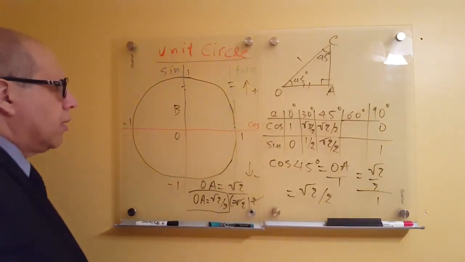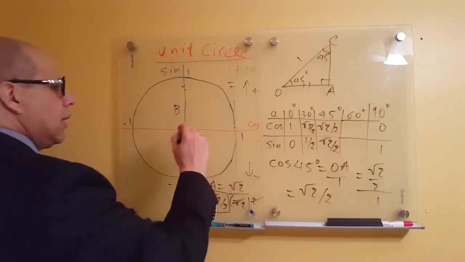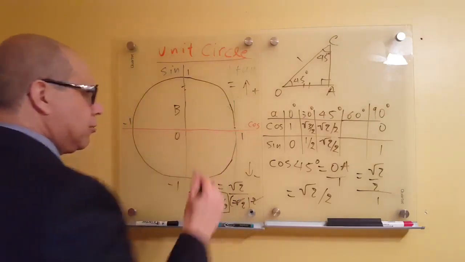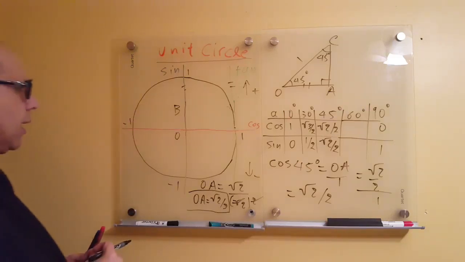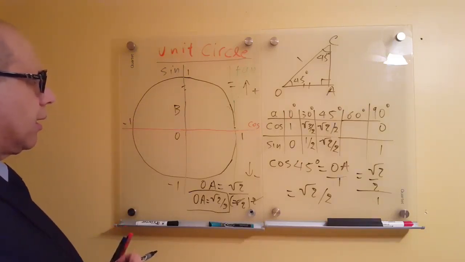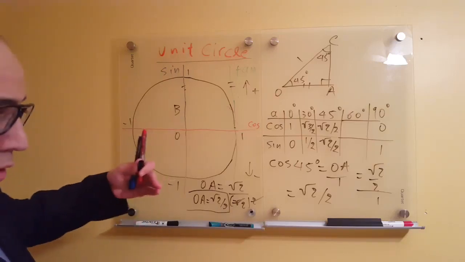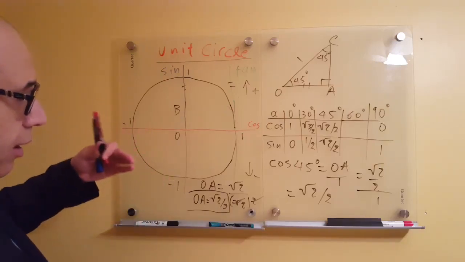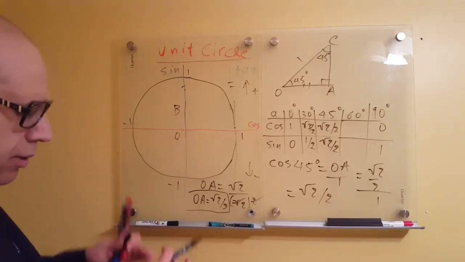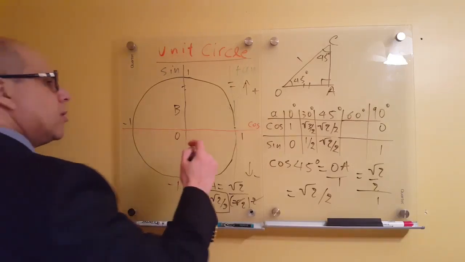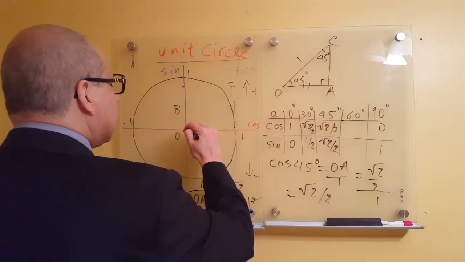Okay, so now I want to show you something which has to do with the use of the unit circle in order to find the cos and sine of angles with respect to some other angles. So let's say we have this angle here.